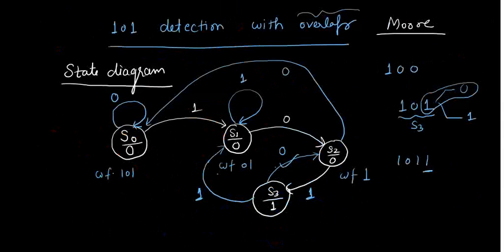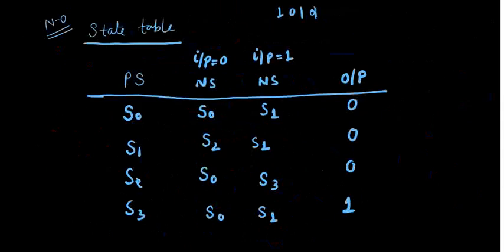So we can replace S3 with S0, but here we don't see any redundancy, as no three columns of any row are the same. So we can move forward. There is no state reduction possible.